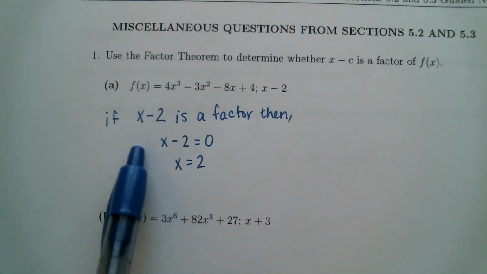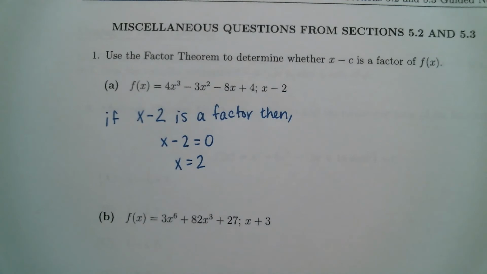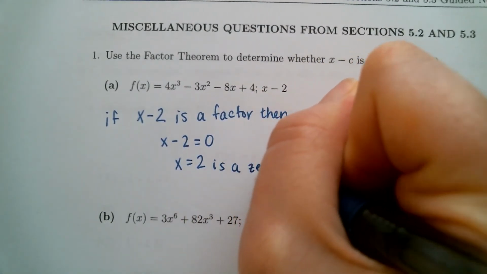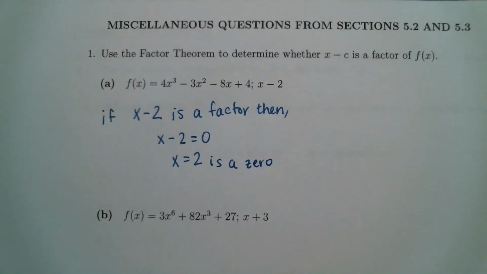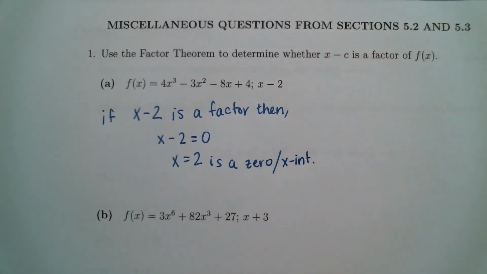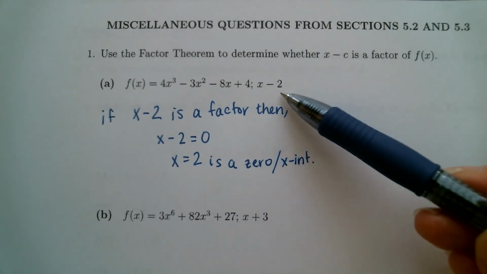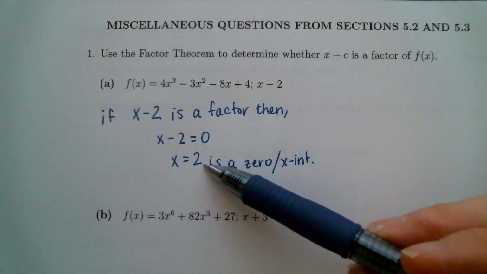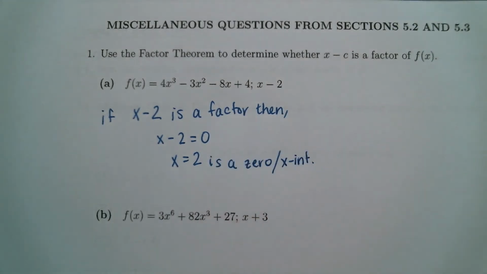Then that means if x minus 2 is a factor, then x equals 2 is a zero. Remember, zero is a fancy name for x-intercept. So if this is part of the factorization, then 2 must be a zero or an x-intercept.